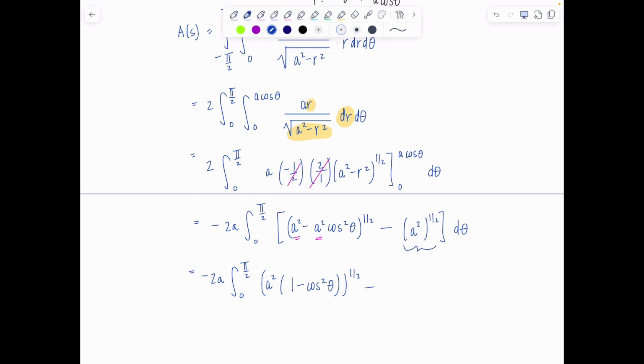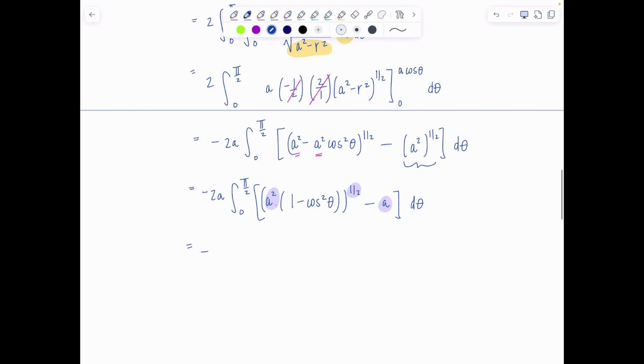Minus a d theta. And then this a squared to the 1/2 is also an a. I can factor another a out, and I have negative 2a squared outside now, 0 to pi over 2. Who is this? Sine squared theta raised to the 1/2.